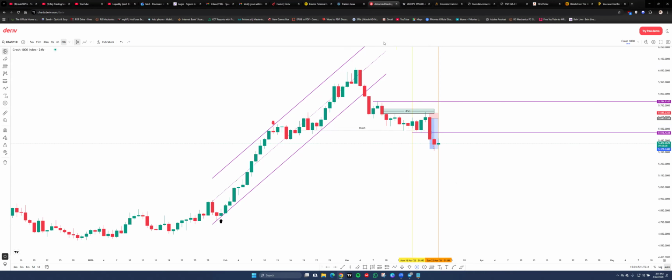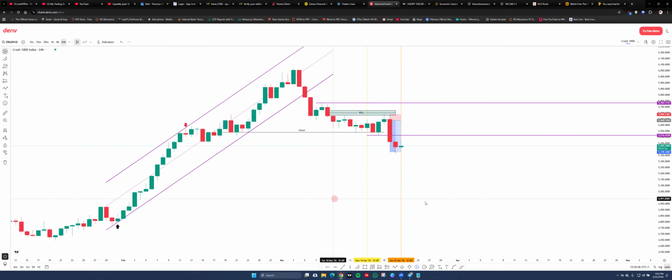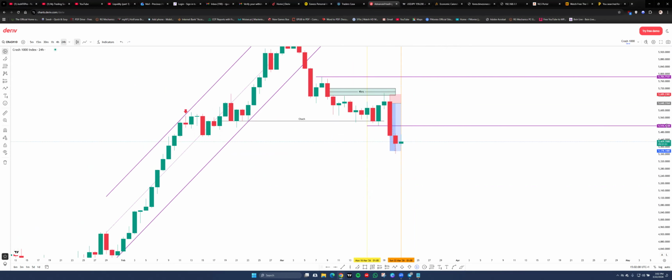If that move happens, then we could take it on this current week that we are about to enter. But if it doesn't happen, this is just a study of last week. So from last week, we know the market goes for liquidity.